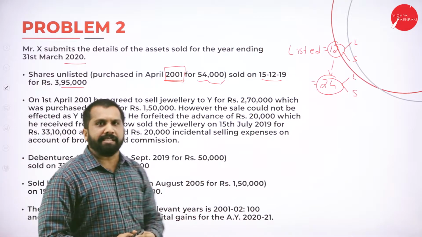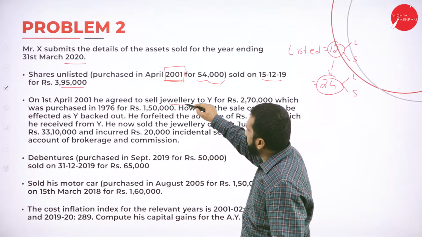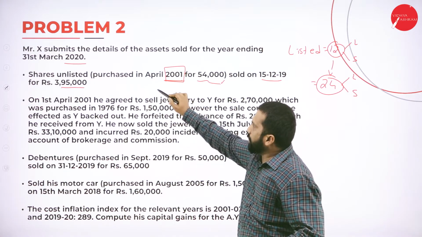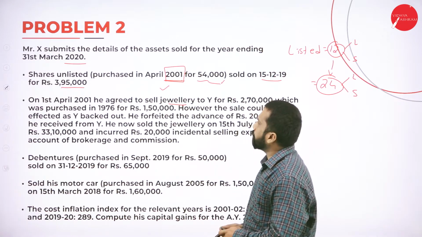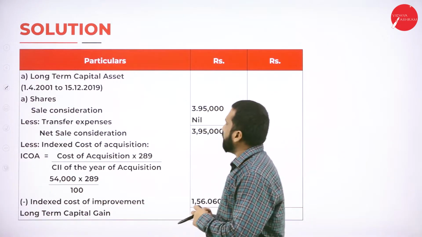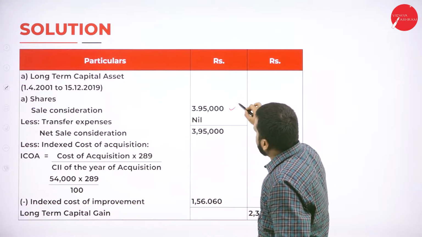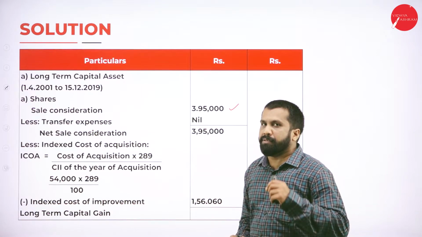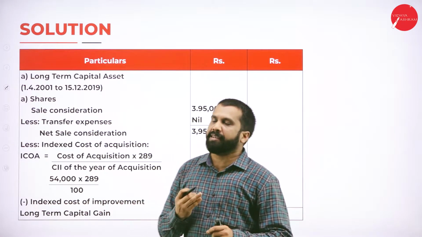The second one: on 1st April, agreed to sell jewelry. That is the second part. We'll complete the first one, then come to the second one. What is the sale consideration? Sale consideration is 3,95,000. Sale consideration means your selling price.